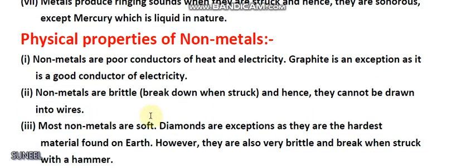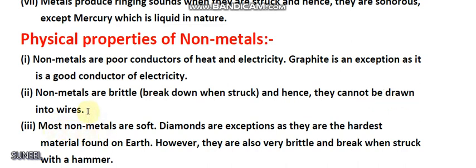Number one, non-metals are poor conductors of heat and electricity, but graphite is an exception as it is a good conductor of electricity. Graphite actually is a form of carbon, and carbon is a non-metal. Then non-metals are brittle, that is, they break down when struck, and hence they cannot be drawn into wires.